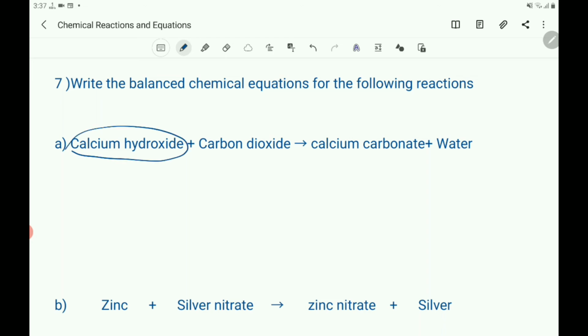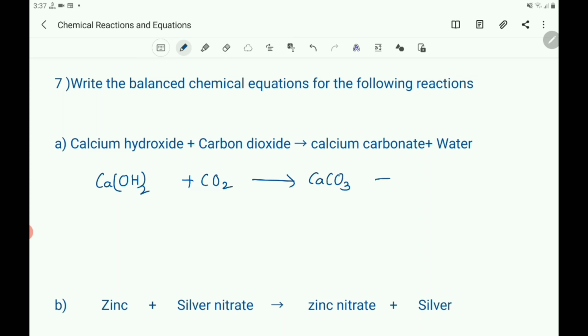Calcium hydroxide molecular formula is Ca(OH)2, plus carbon dioxide. Molecular formula of carbon dioxide is CO2, gives calcium carbonate. Molecular formula of calcium carbonate is CaCO3, plus water.